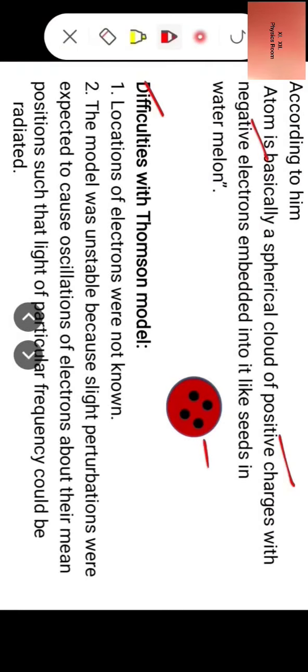Now difficulties with Thomson model of an atom. First difficulty had been the locations of electrons were not known.